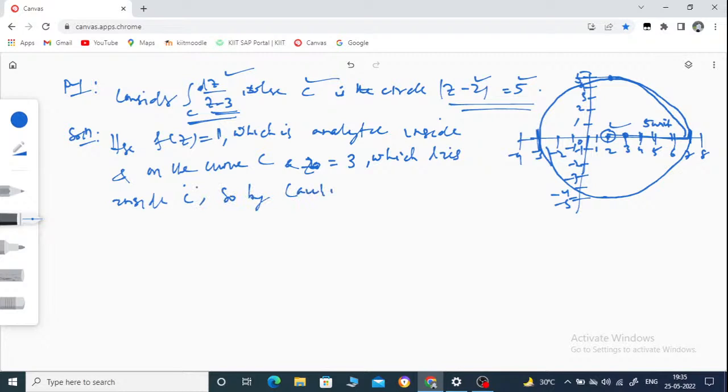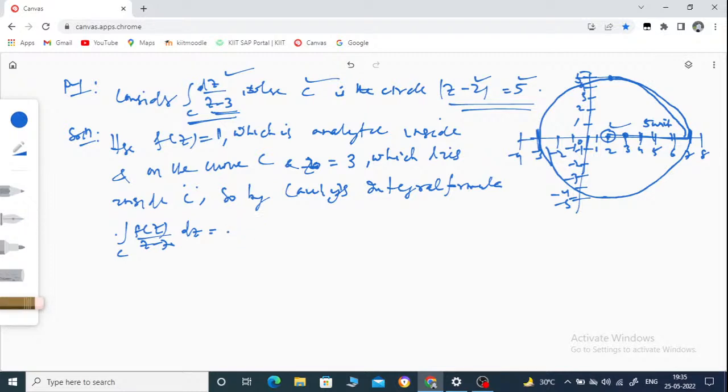So by Cauchy's integral formula, we can write the integration over C of f of z divided by z minus z naught dz is 2 pi i f of z naught.